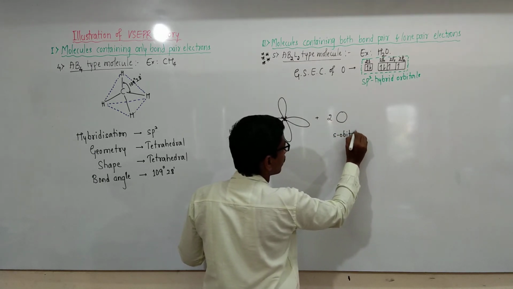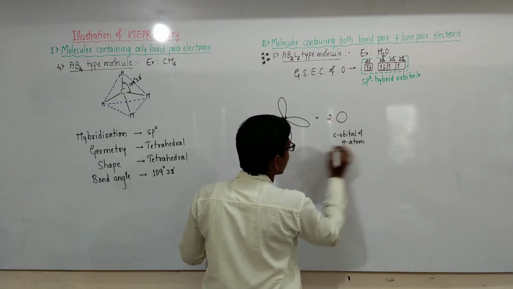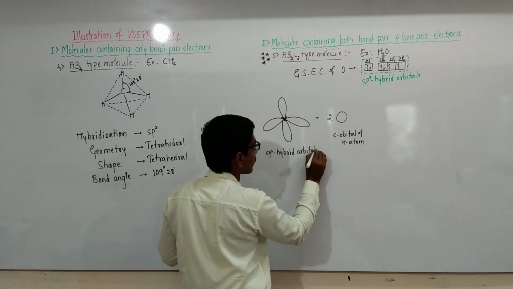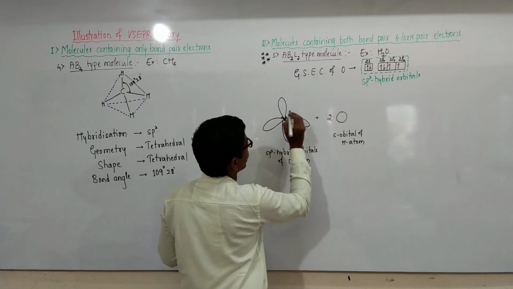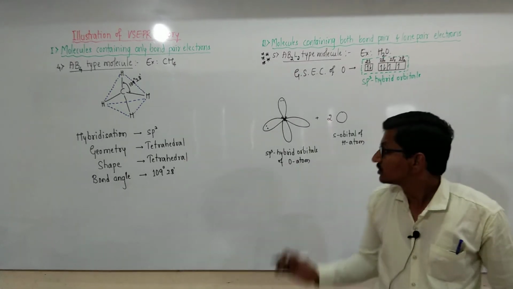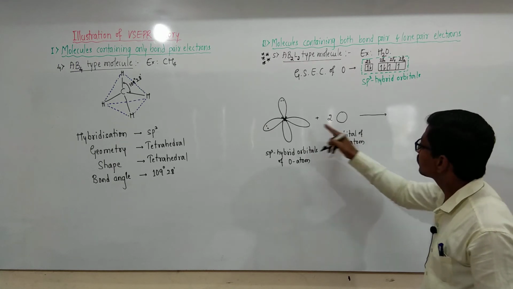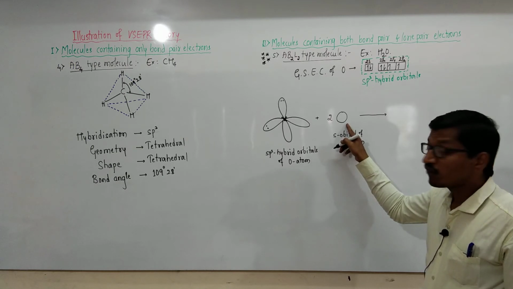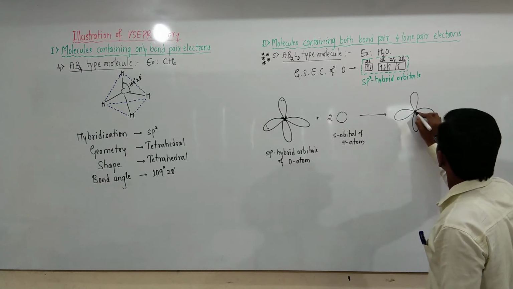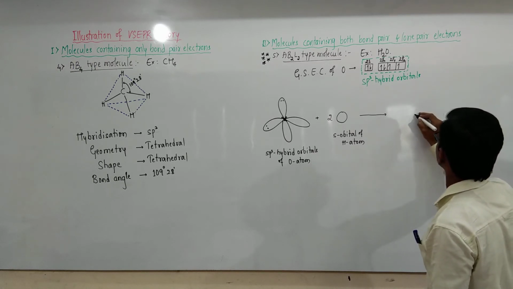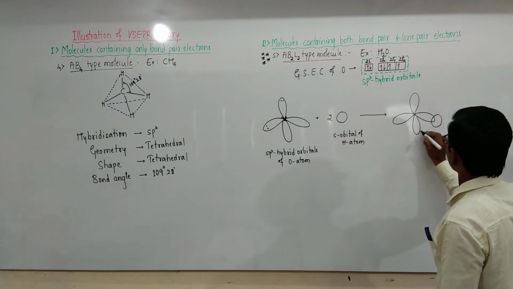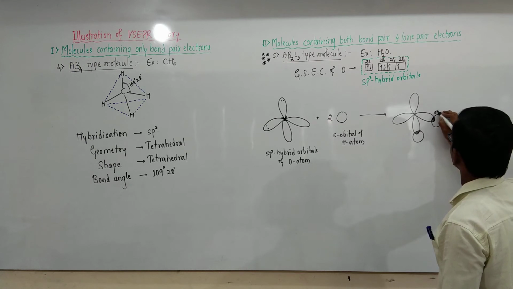This is the s orbital of hydrogen atom. These are the sp3 hybrid orbitals of oxygen atom which contain 2 lone pairs and 2 unpaired hybrid orbitals, and these unpaired hybrid orbitals directly overlap with unpaired 1s atomic orbitals of 2 hydrogen atoms, forming two sigma bonds.